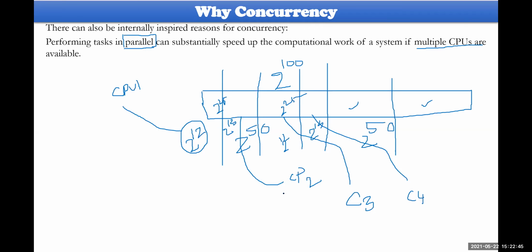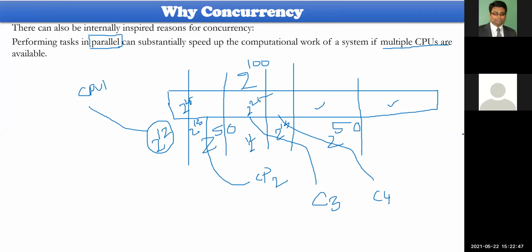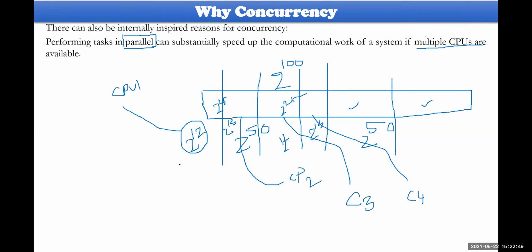All CPUs get the same number of elements. There is no difference at all. Same number of elements are taken by each and every CPU. So for completion of the sorting, each CPU will take the same amount of time. After completion of that amount of time, everything will be merged together.